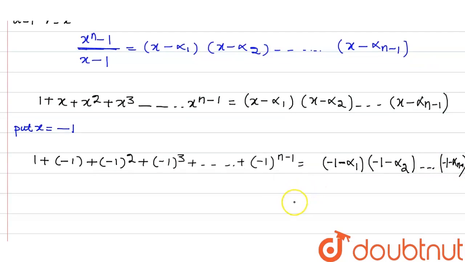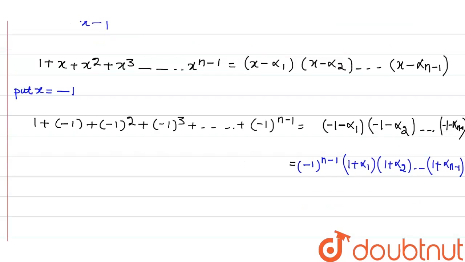Here you can take common minus 1 to the power n minus 1, giving (1 plus alpha 1)(1 plus alpha 2) up to (1 plus alpha n minus 1). And this is equal to 1 plus (minus 1) plus (minus 1) to the power 2 plus (minus 1) to the power 3 plus up to (minus 1) to the power n minus 1.